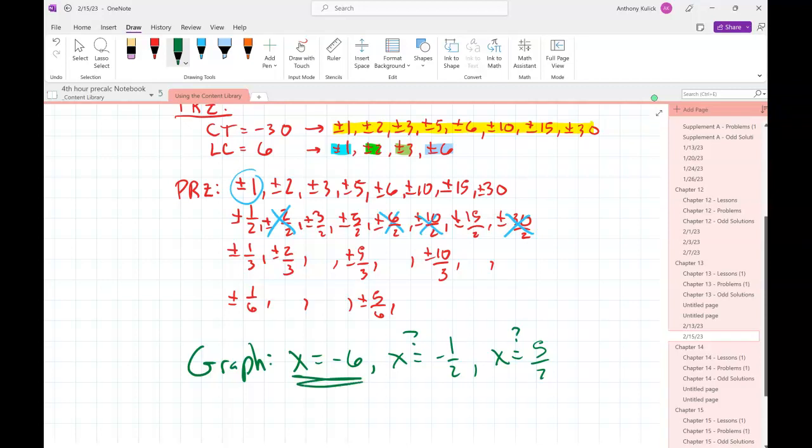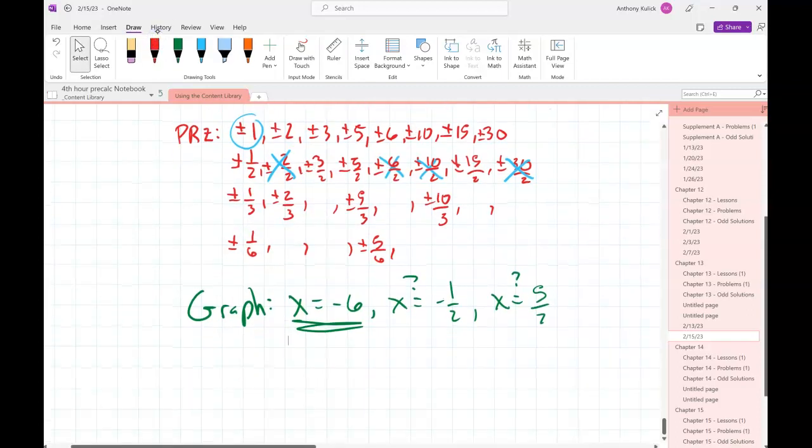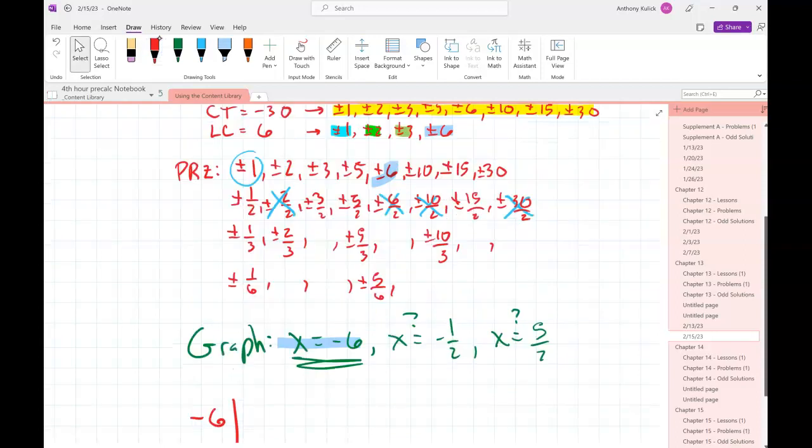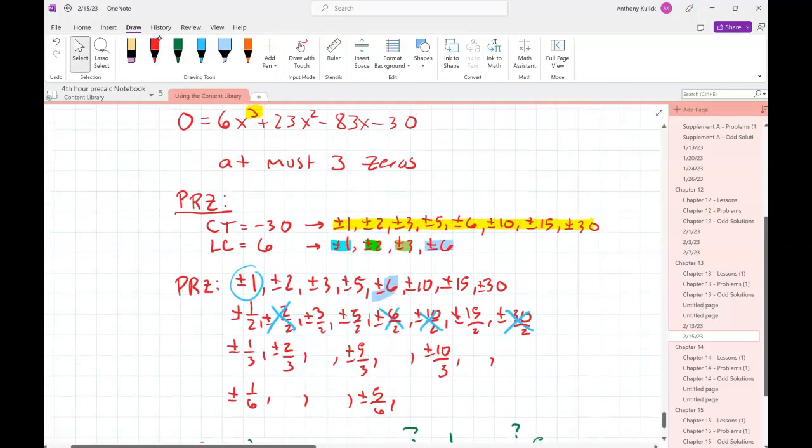This one I feel real good about. And if I had a choice to do synthetic division with any of these numbers, which one would we pick? -6. Why? It's a whole number, right? Notice that -6 is on my list. Right there. So I feel real good about starting with that one.